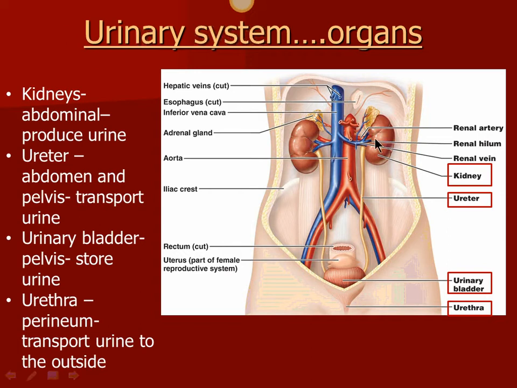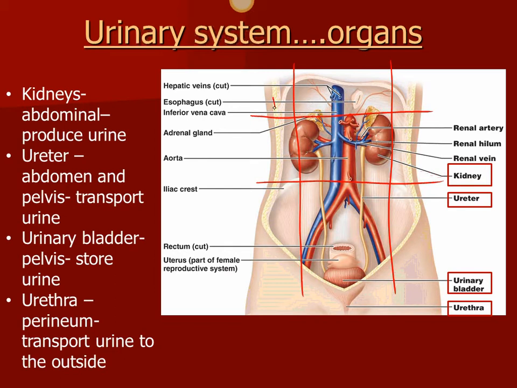So let's look at it. Here we have the kidneys, which are present in the abdomen. You can see this area of the abdomen where they are present. From ANP1, you should remember, we divided the abdomen into 9 regions. You remember that?